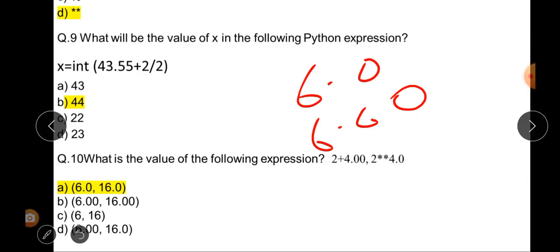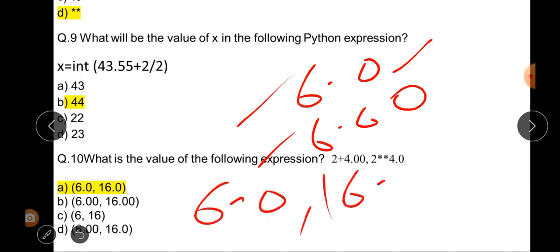Now both 6.0 and 6.00 are float values, but we always take the minimum representation of a float value in such a case. So our answer should be 6.0. So the answer is 6.0 comma 16.0. That is the answer.